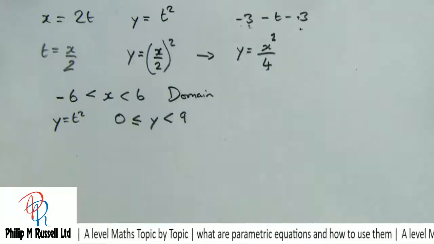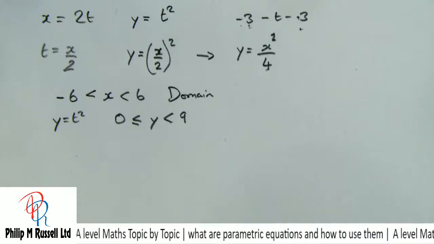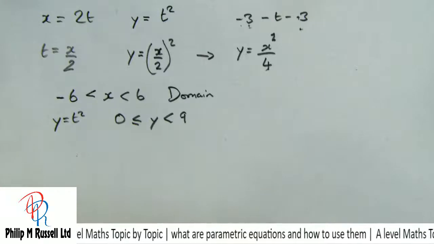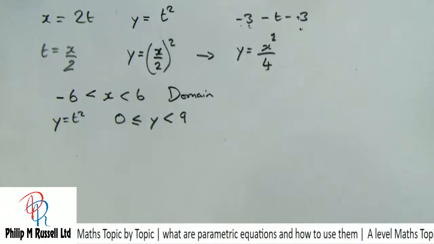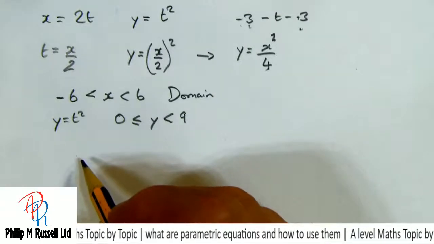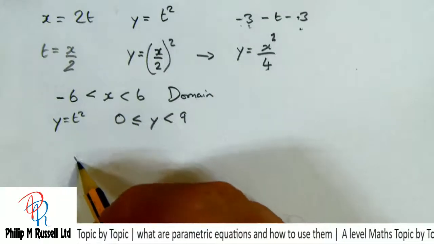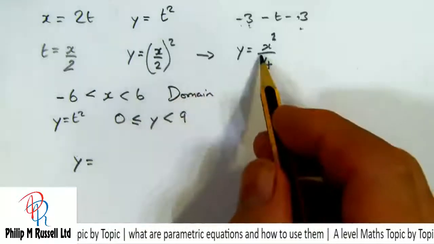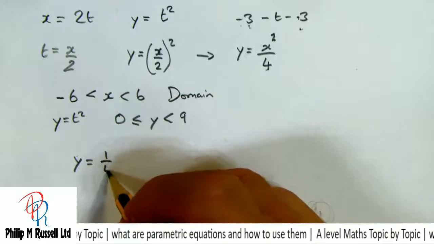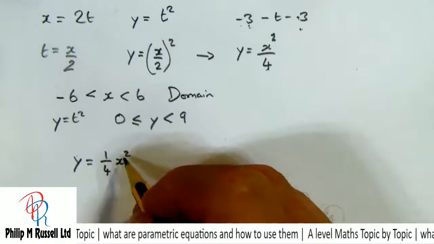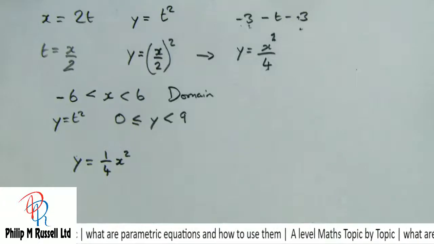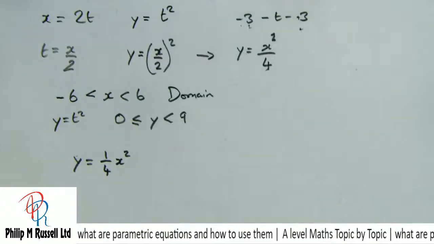So we've got an idea of what that looks like, and then can I try to work out a graph? Well, the easiest way of trying to draw this graph is y equals one quarter x squared, and so we can try to work out what that's going to be.